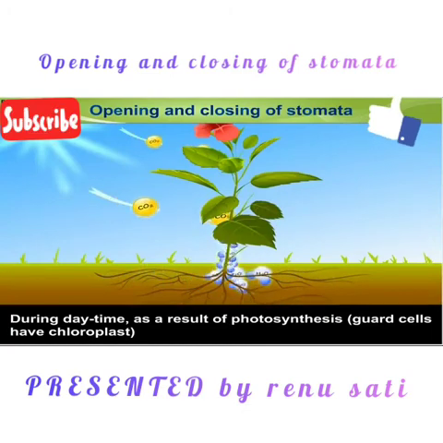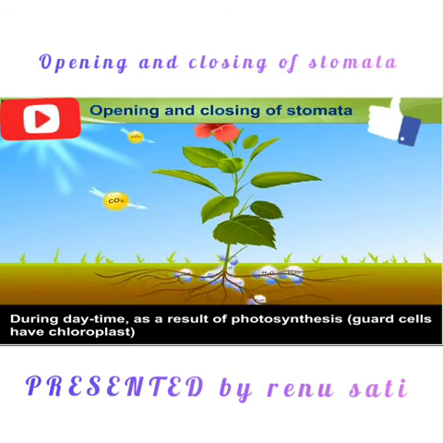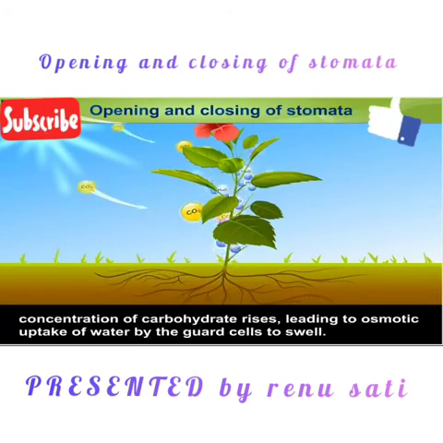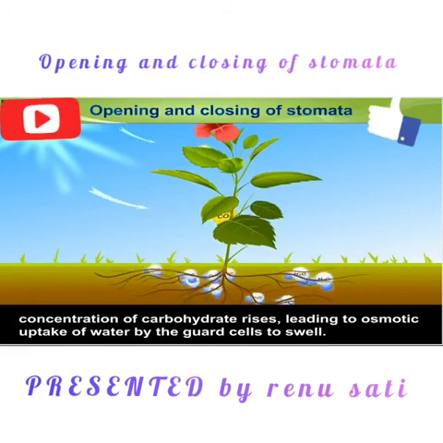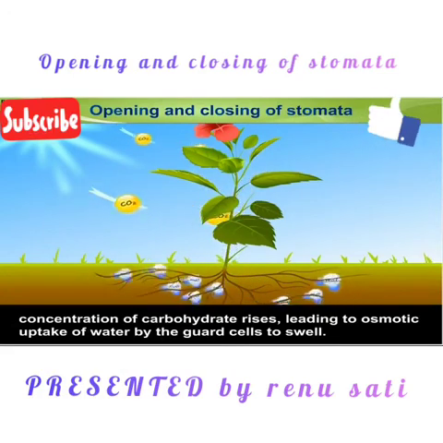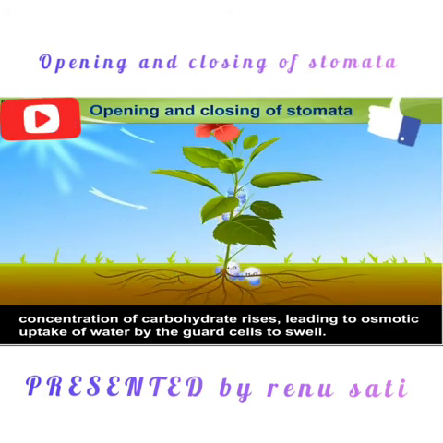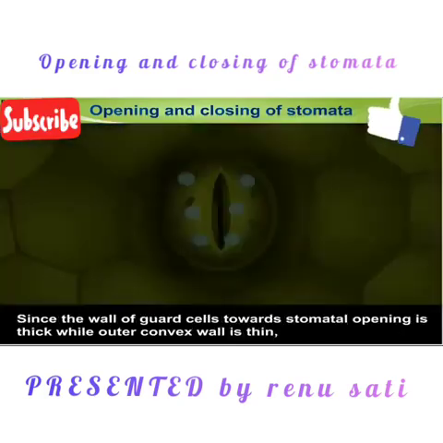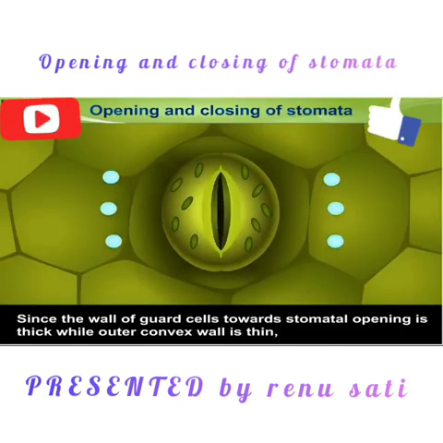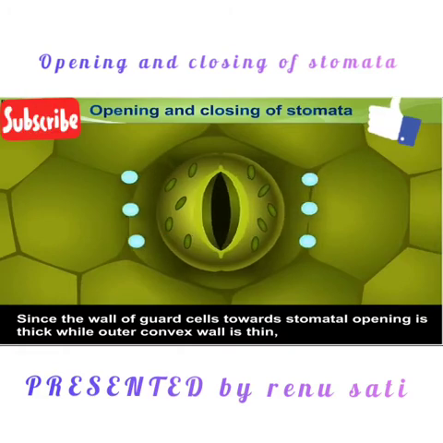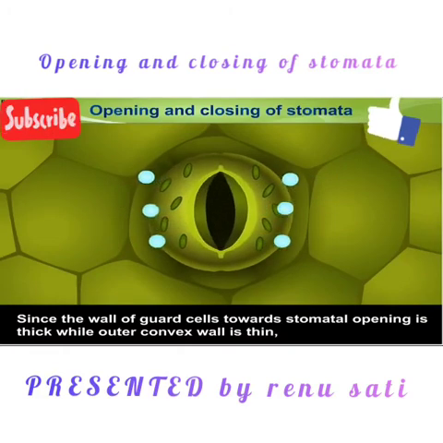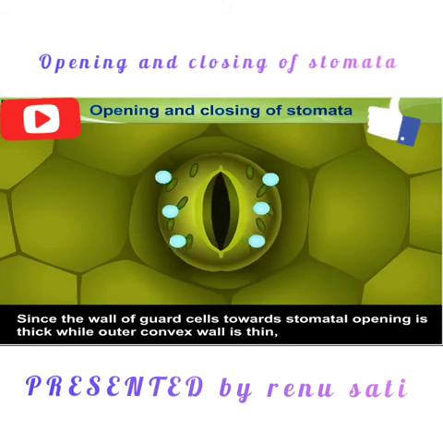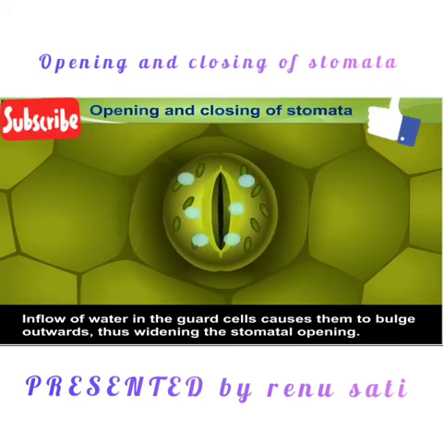During daytime, as a result of photosynthesis, guard cells which have the chloroplast will get concentrated because of the high amount of glucose, leading to the osmotic uptake of water by the guard cells, which swell, due to which the guard cells come in the turgid condition and cause opening of the stomata.